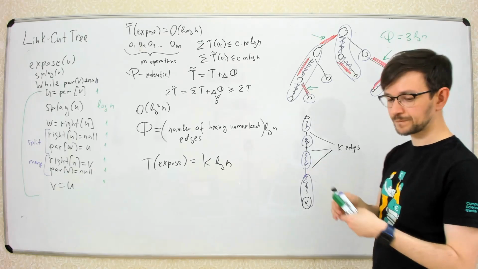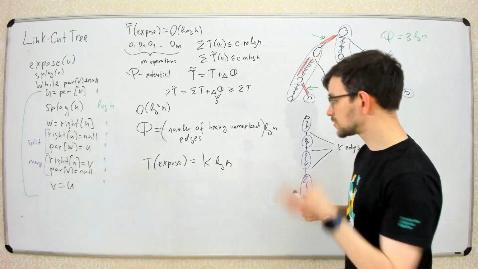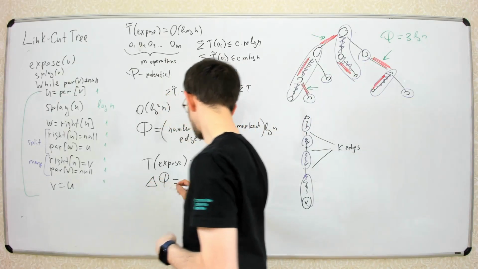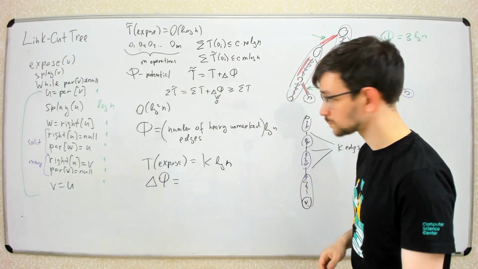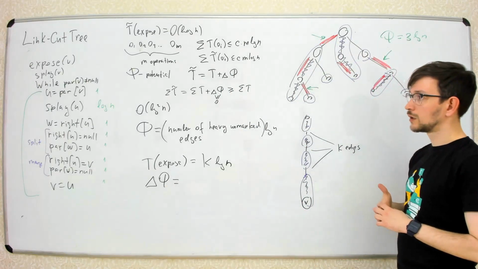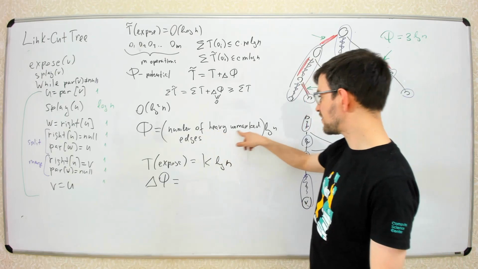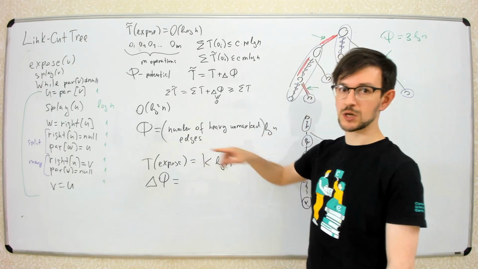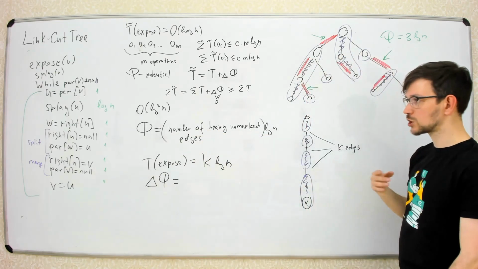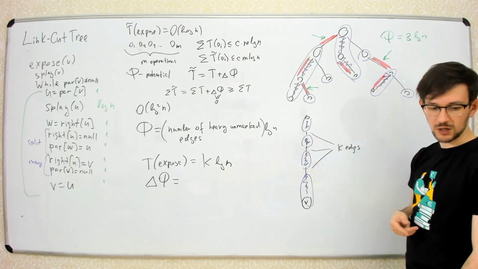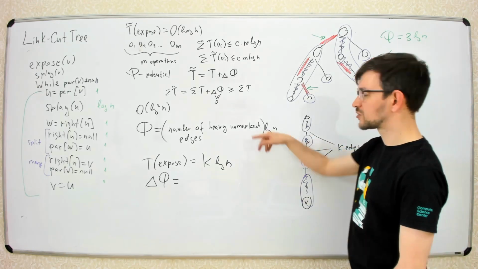That's all. Now, what is the change of potential? Well, let's see. The potential is the number of heavy unmarked edges. So how will this potential change if we mark some edges on this path? Will it increase or decrease?